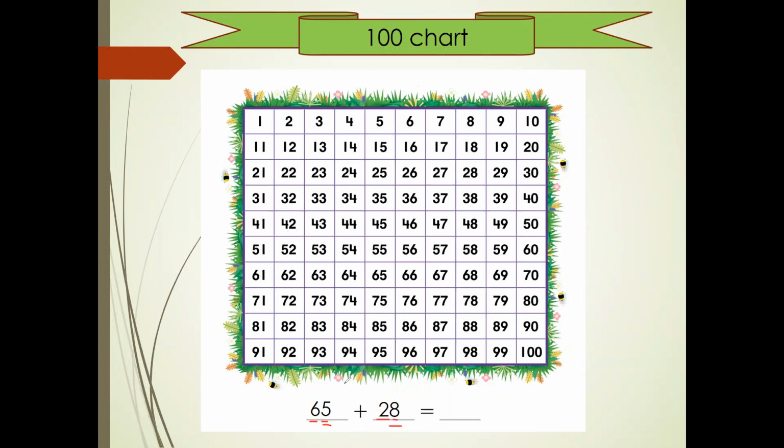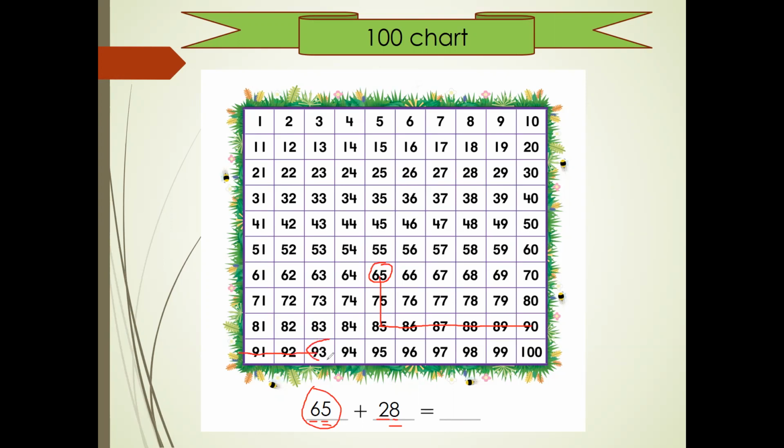I start with number 65. I circle number 65 on the 100 chart. How many tens do I add? 2 tens. I go down: 1, 2. How many ones do I need to add? 8 ones. I go to the right: 1, 2, 3, 4, 5. And I continue on the next line: 6, 7, 8.